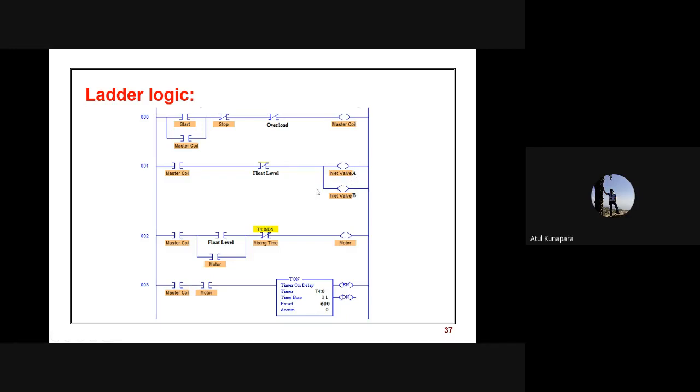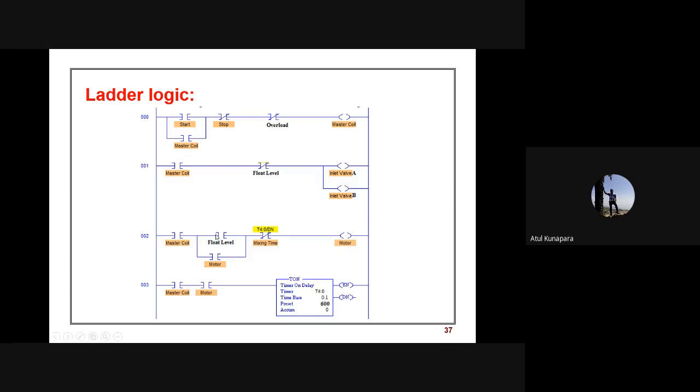This liquid will be allowed to enter the tank until the level of the tank is achieved. As soon as the level is achieved, your float level contact will open, so valves A and B will stop the liquid from entering the tank.